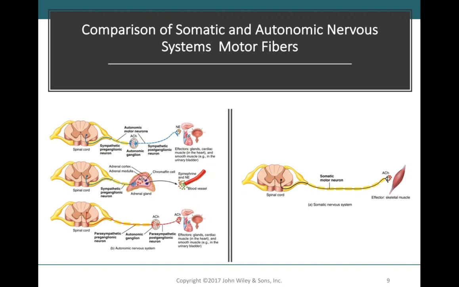While this picture might not seem like it has a lot of information on it, this will actually be one of the most helpful pictures in this presentation. I'm going to direct you all back to this picture in just a little bit, and we're going to go over some more details on it. But for now, I just want you to be able to see the difference between autonomic motor neurons and somatic motor neurons. We'll get into all of the other differences a little bit later.